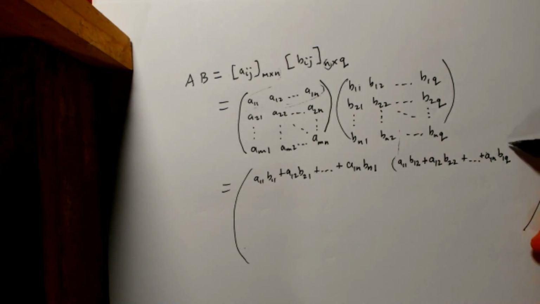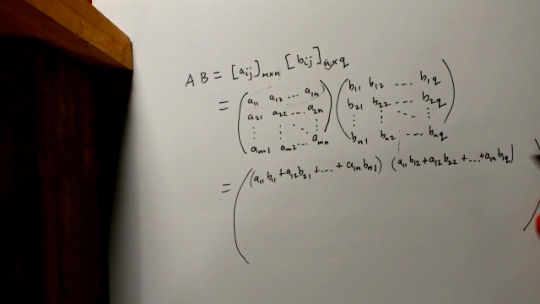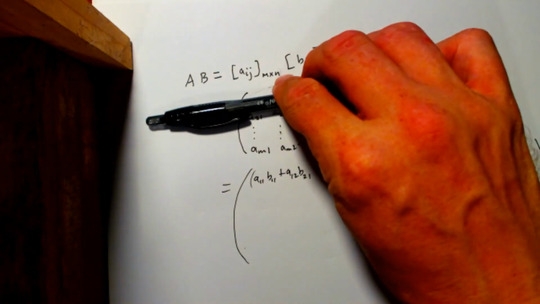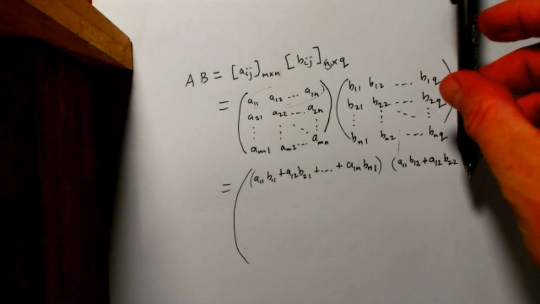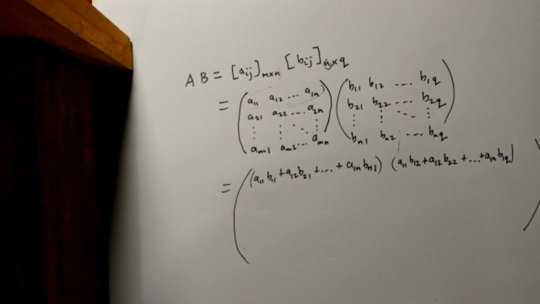This is the second entry in the first row of the product. There's more. So again, we take the first row times the jth column of B, and we write out what the sum is. Once you've done all that, your last entry of the first row in the product is A11 B1q plus A12 B2q and so on, up to A1n Bnq.